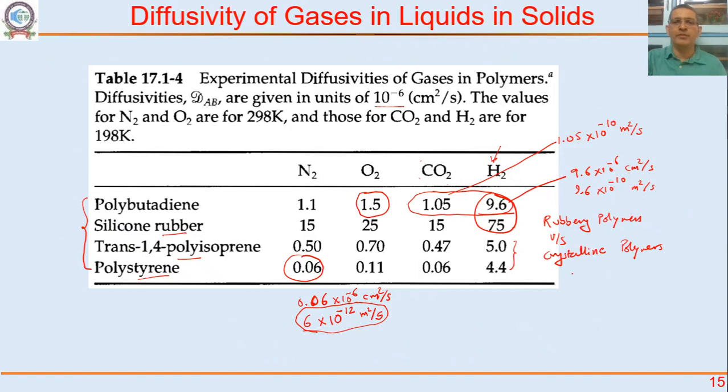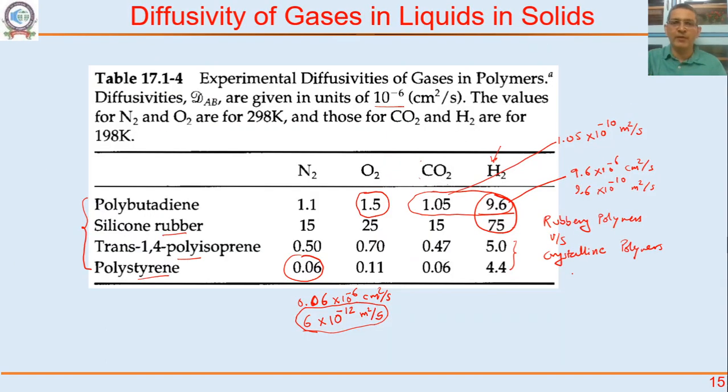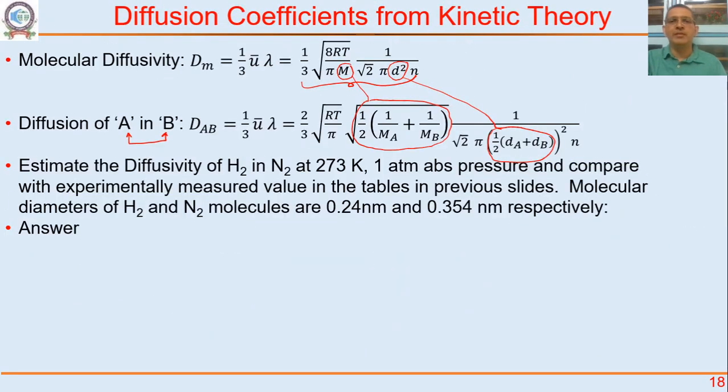Recall our earlier discussion. Not only the size of A matters, but also the size of the medium B. That's why we need to make these corrections for molecular weight as well as for the diameters of A and B. Right? I would like you to estimate the diffusivity of hydrogen in nitrogen at 273 Kelvin, 1 atmosphere absolute pressure, and compare with the experimentally measured value in the tables in the previous slide.